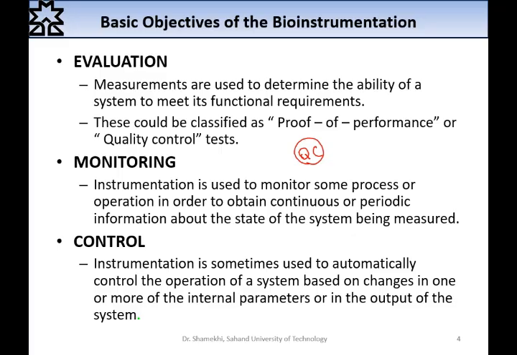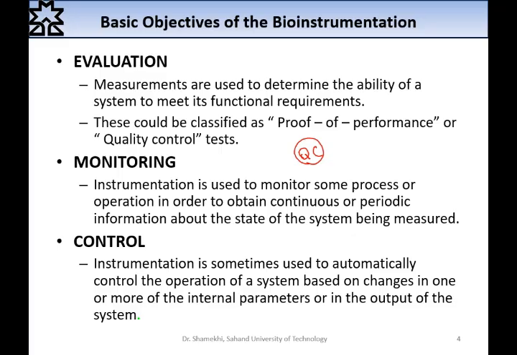As I mentioned before, the system can be our body, and monitoring our body means that we want to monitor the situation, the parameters, the main vital signs of the body, such as temperature, heart rate, or other vital signs to diagnose, to control.